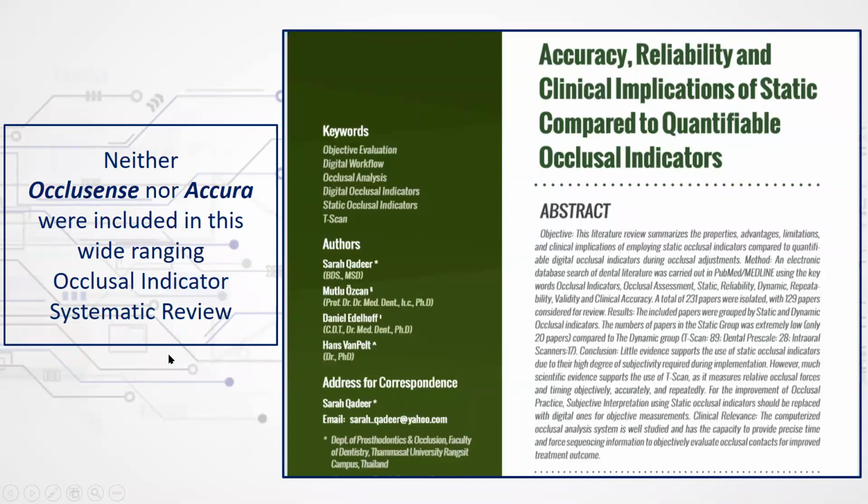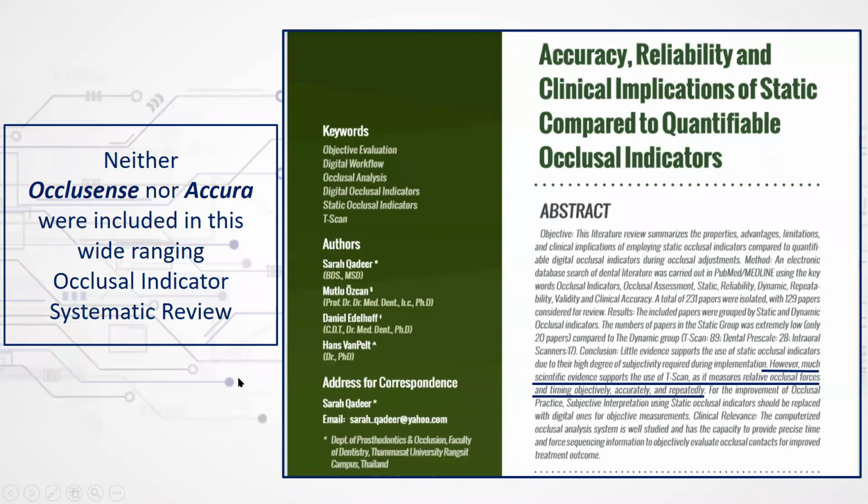And the reason for that is there's no research on them. There are no publications about them. There's no clinical use that's been tested on them. Whereas T-scan, over the last 37 years, has much scientific evidence that supports its use. And so these technologies are not valid or proven.